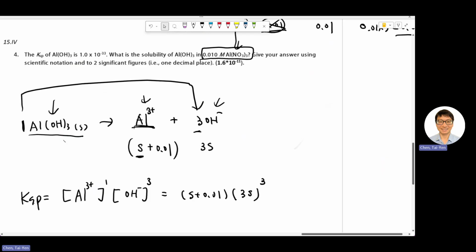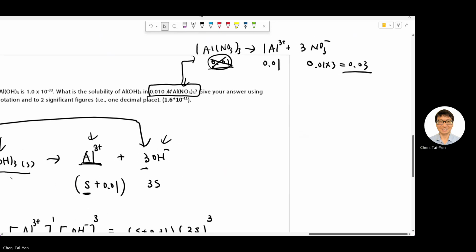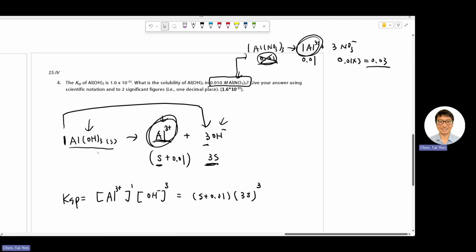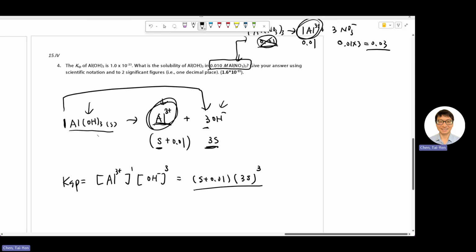When you throw in your Al(NO3)3, this is a species that's the same as the species you want to use for your calculation. It doesn't produce extra OH-. Therefore, I didn't write anything else here, right? I just keep 3S. And that's why I write things like this.